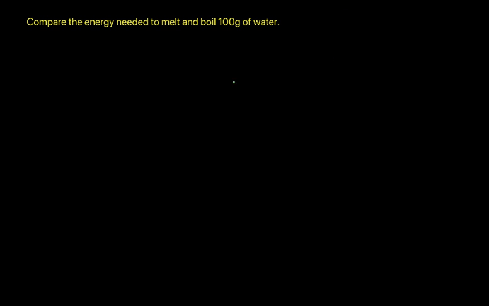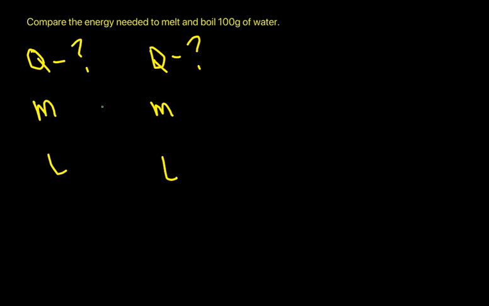Let's do another one. Compare the energy needed to melt and boil 100 grams of water. So I have two problems on this one. I have Q equals mL and I have Q equals mL. Our Q is what we're looking for. We're looking for the energy needed to both melt and boil water.